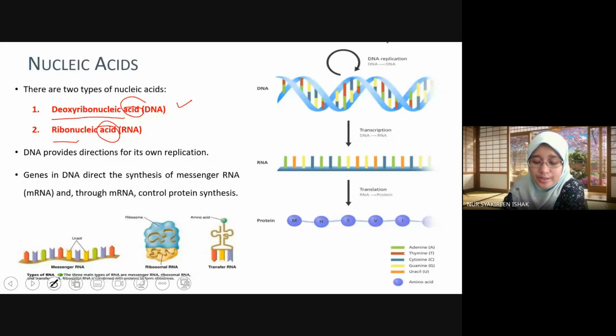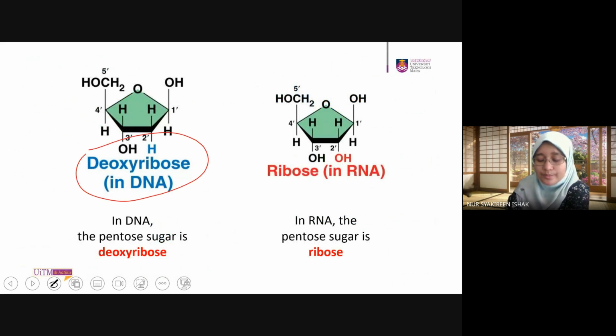Deoxyribonucleic acid, because the sugar of DNA nucleotides consists of deoxyribose. The sugar is here, deoxyribose sugar in DNA. For RNA, the 5 carbon sugar is ribose. What is the difference between deoxyribose and ribose? You look at carbon number 2.